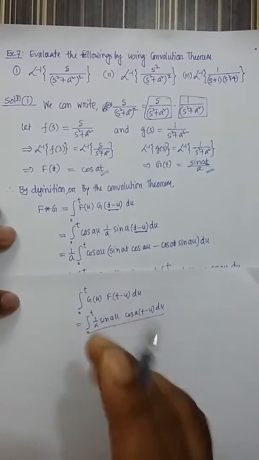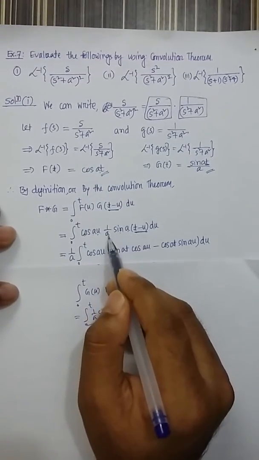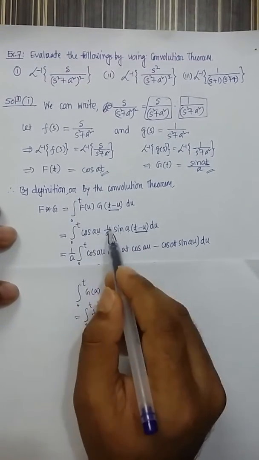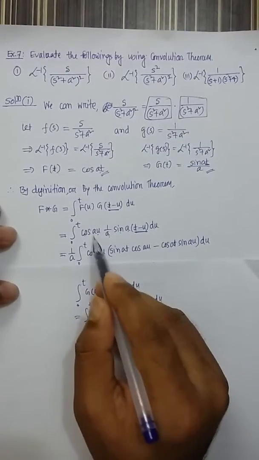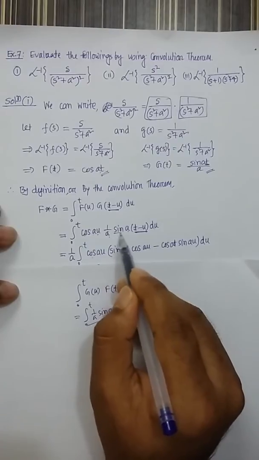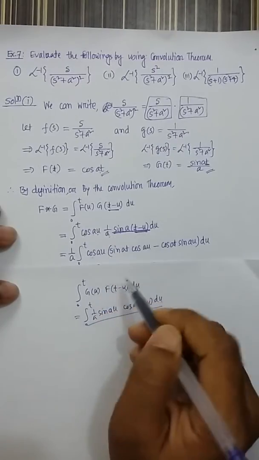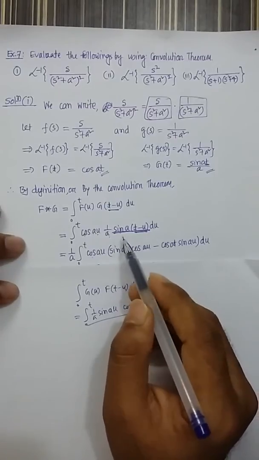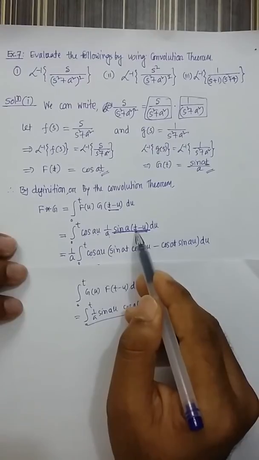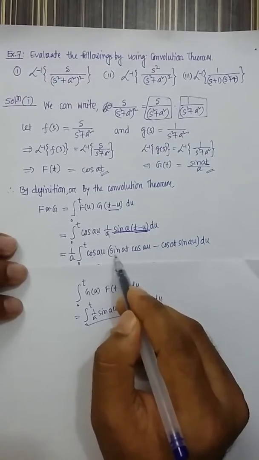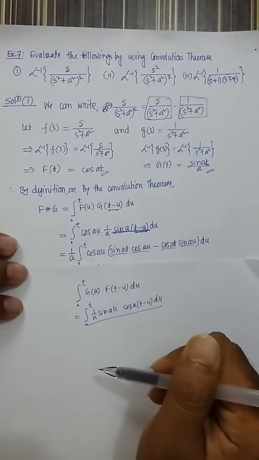Here 1 by a is constant, so we keep it outside the integral sign, and we have cos au. We expand sin a of (t minus u) using the trigonometric formula sin(a minus b) equals sin a cos b minus cos a sin b.